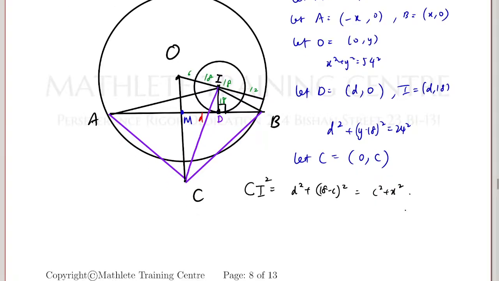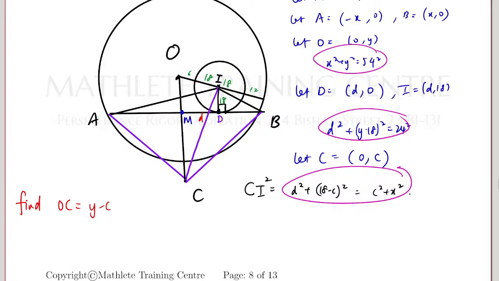Oof, it's a pretty big mouthful, right? Okay, finally, what do I want to find? I want to find the value of OC. OC is in fact the distance from here to here. So if you look, this is y coordinate C, this is y coordinate y. So the value is just y minus c. Is it possible to figure out straight away what this is? Well, we have to find some way to combine them, isn't it?